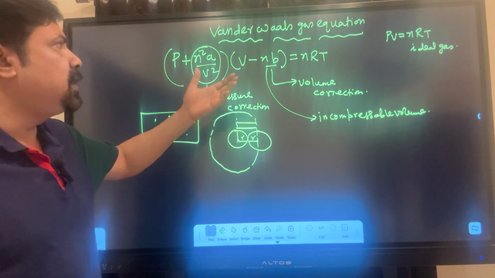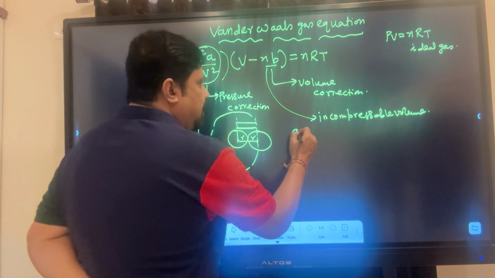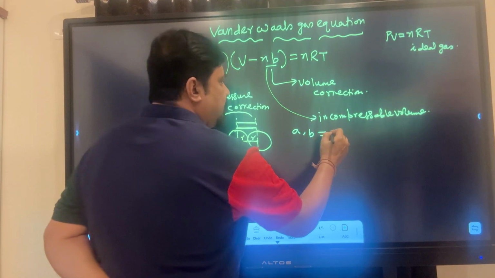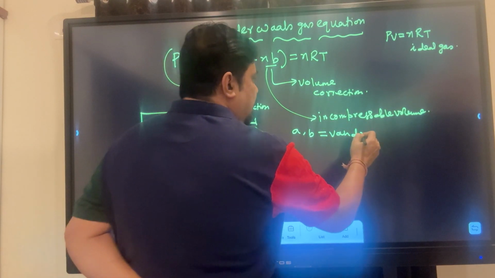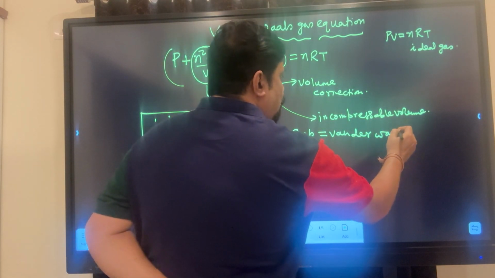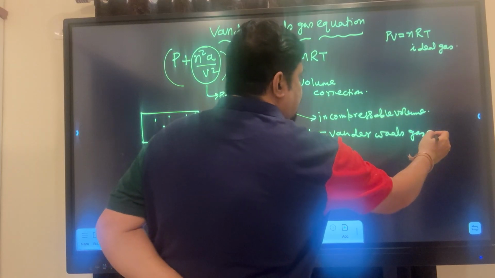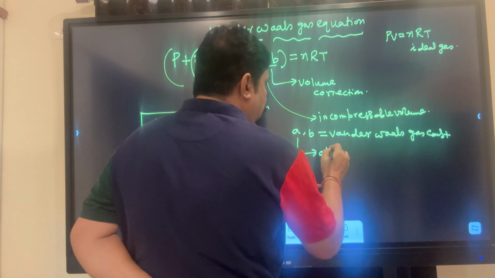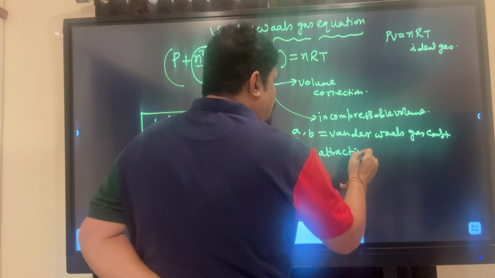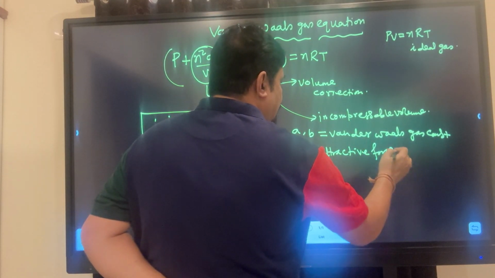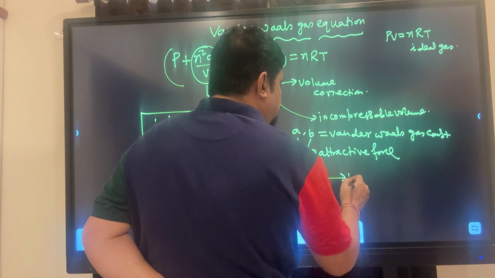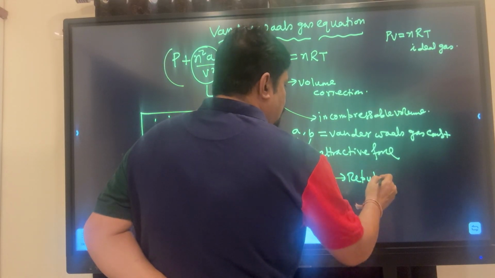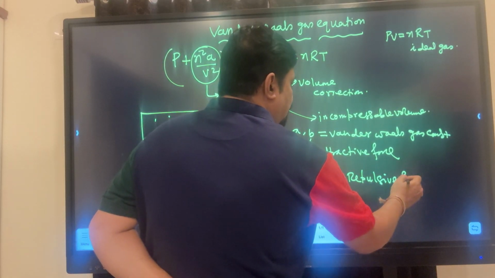Now if you look carefully, A and B are called the Van der Waals gas constants, where A represents the attractive force and B represents the repulsive force.